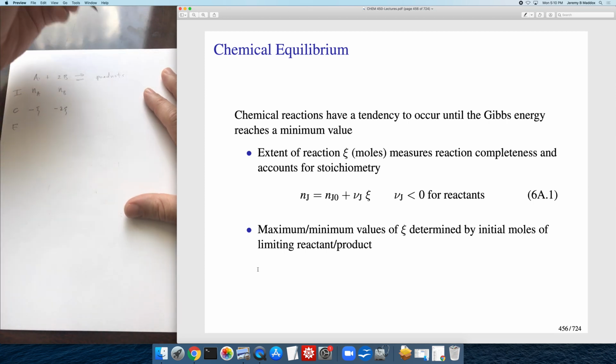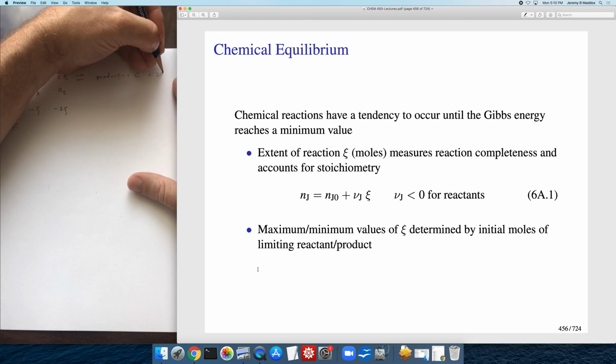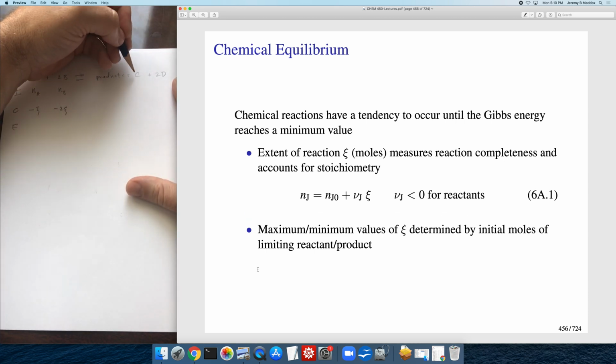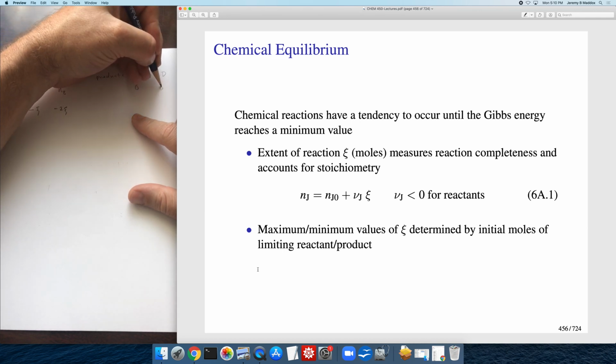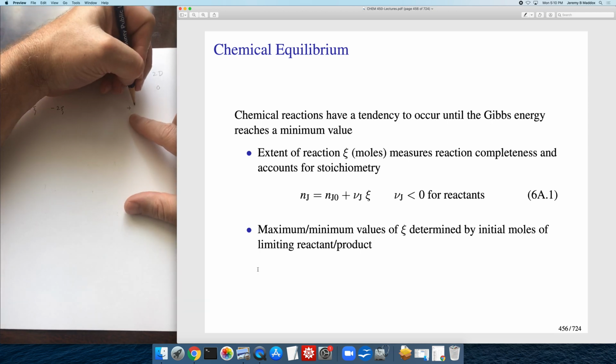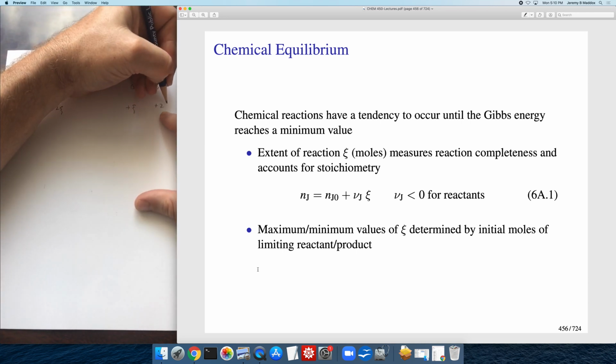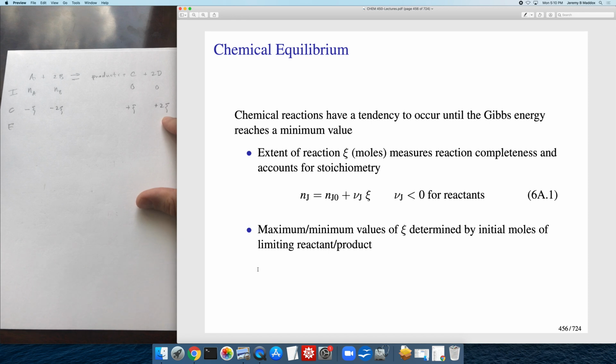And for the products, let's go ahead and make it C plus 2D. Let's assume that we have none of that originally. And then, because of the stoichiometry, we'll be making that many moles of product C, and then we'll be making twice that for product D.